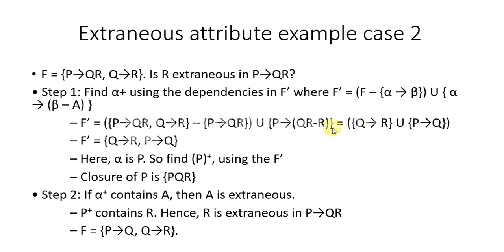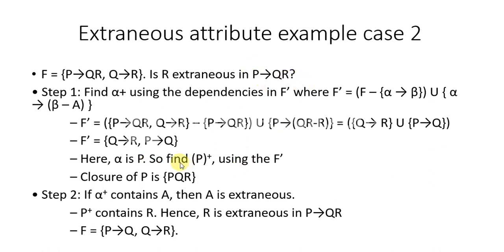So here, what is alpha? Alpha is P and beta is QR. So find P plus using F dash. What is the closure of this P? P to Q is there and Q to R is also there. So the closure of P is PQR. And what we are checking is: if alpha plus contains A, then A is extraneous.